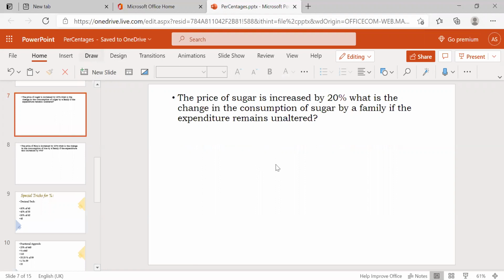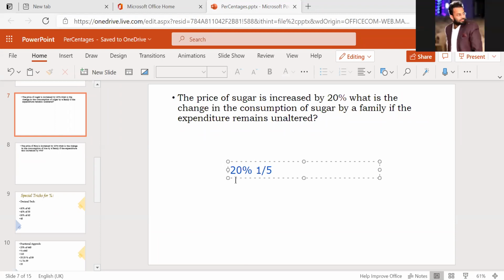So here, what percentage are they saying? 20%. And we know that 20% as a fractional value is 1 by 5. So 1 by 5 is increased. How much will it decrease? 1 by n plus 1, it's nothing but 1 by 6.